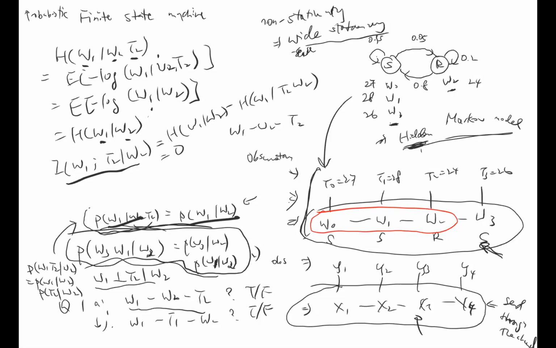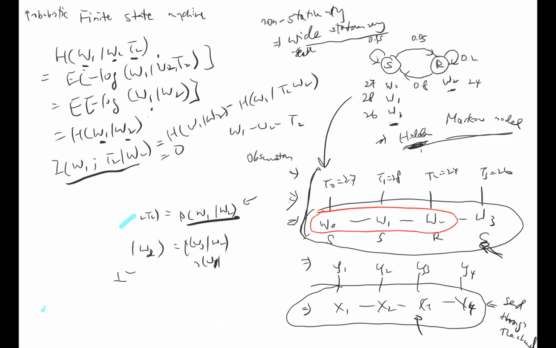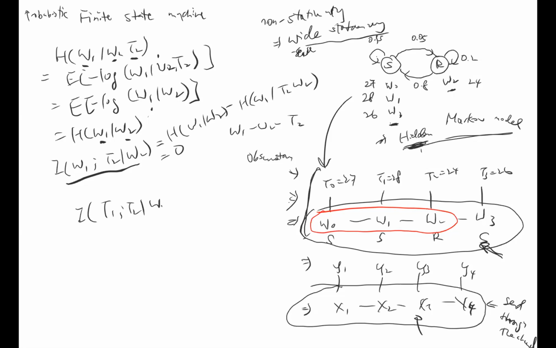So I guess it's probably pretty clear now for one of the questions in your homework problem, where you were asked about the conditional mutual information between, I guess, T1, T2 given W2, something like that.